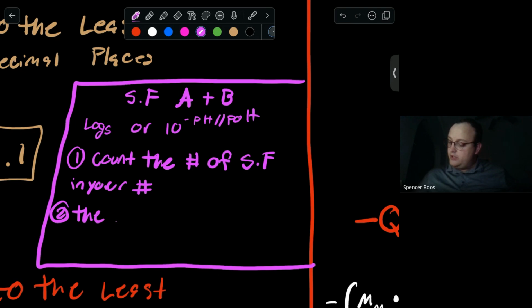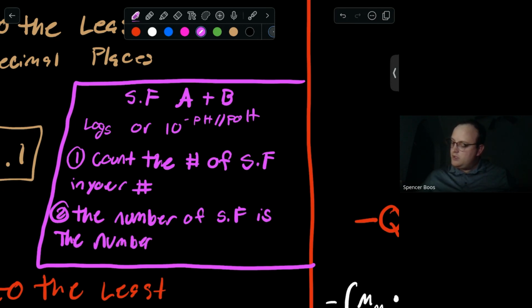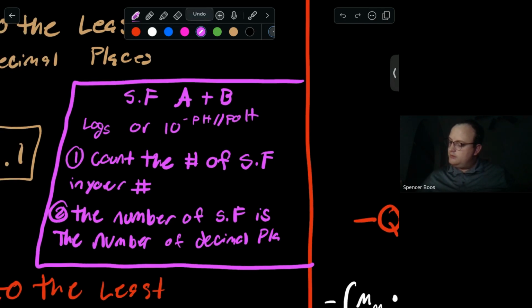The number of sig figs is the number of decimal places you need.